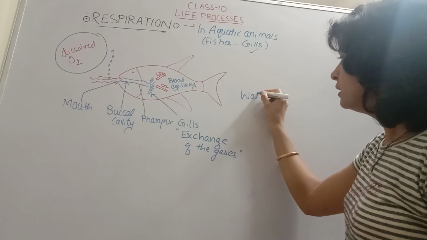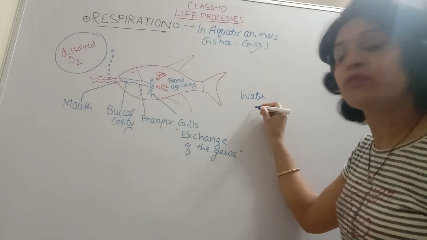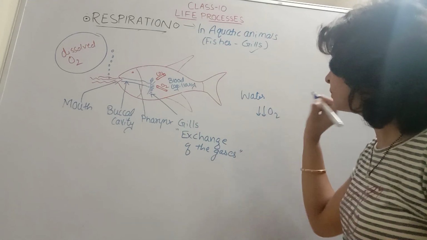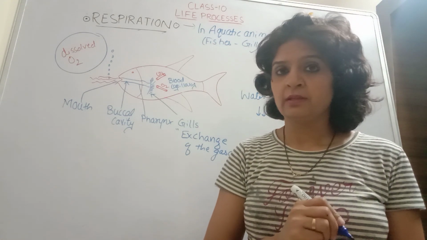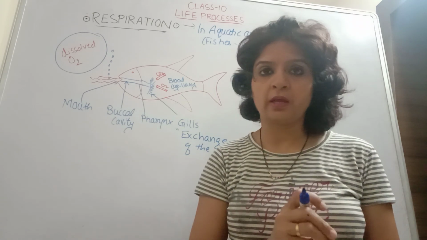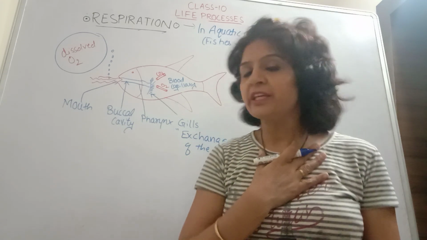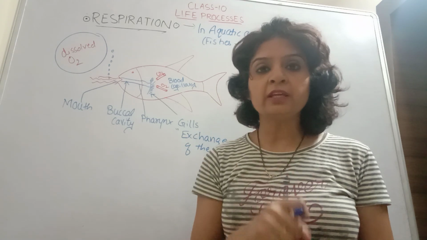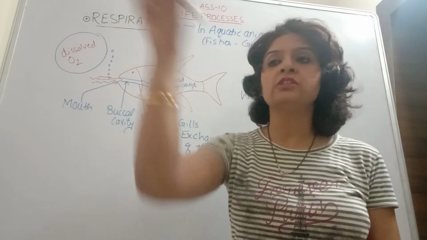In water, the quantity of dissolved oxygen is comparatively less. अगर कोई चीज कम है लेकिन बॉडी की नीड उतनी है, तो बॉडी क्या करेगी? बॉडी विल ट्राई टू सर्च इधर से उधर से.